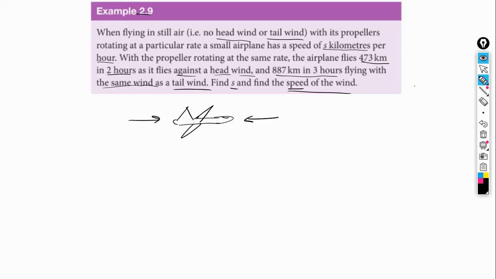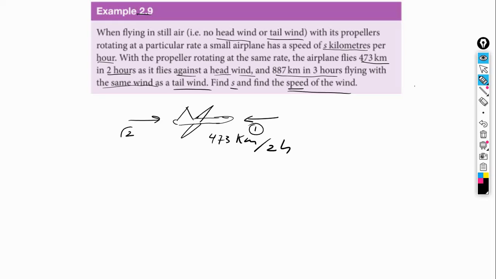So it says that the propeller is always rotating at the same rate. And it says that the airplane flies 473 kilometers in 2 hours when it is flying against the headwind. So that would be this case here. So this is case 1.